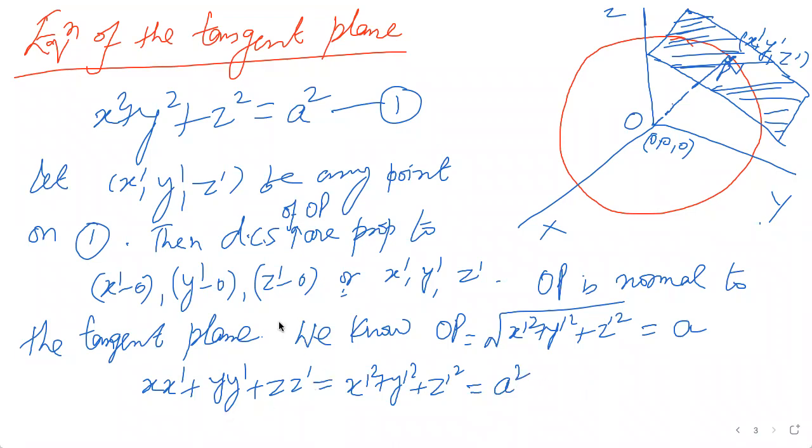So this is the equation of a tangent plane: x x dash plus y y dash plus z z dash is equal to a square.